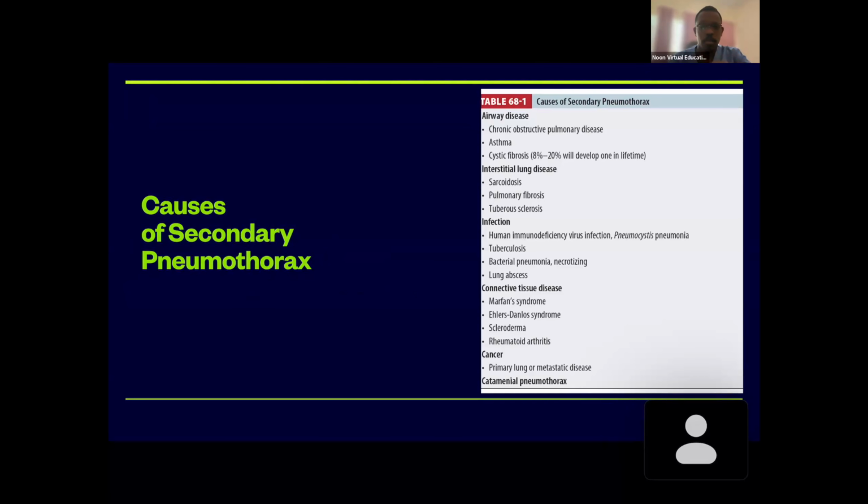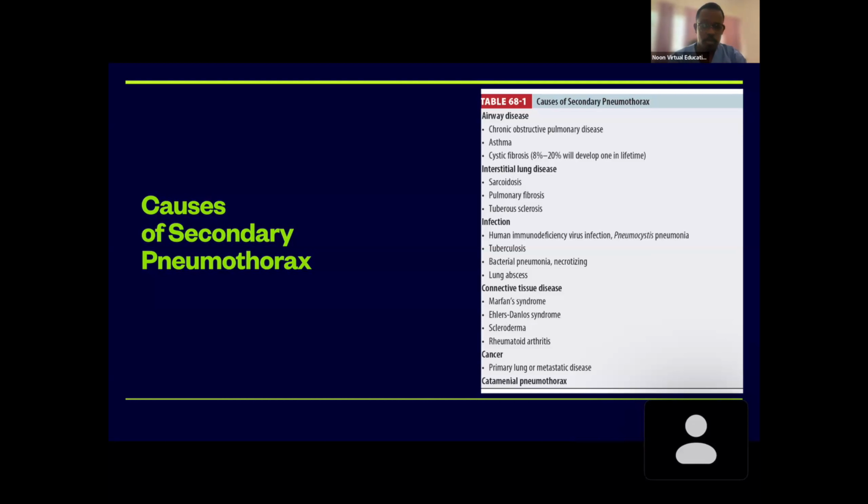This is the table of causes of secondary pneumothorax, copied directly from Tintinalli. As you see in the table, a lot of causes are related to the airway, to interstitial tissues, and may also be related to infection, connective tissue disease, and cancer.